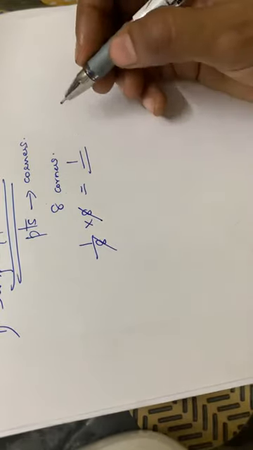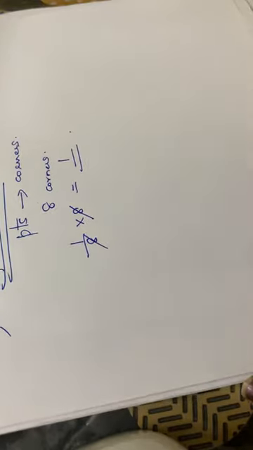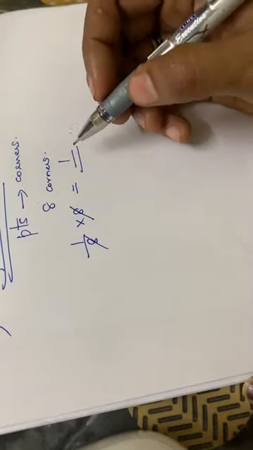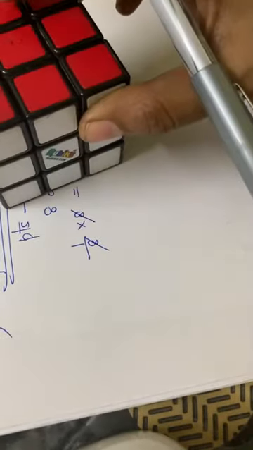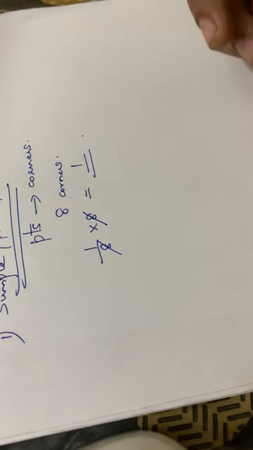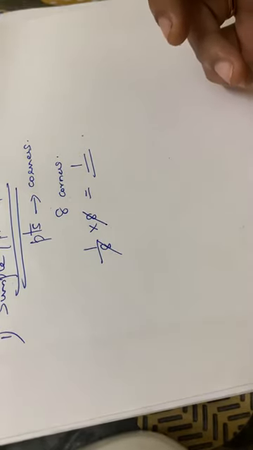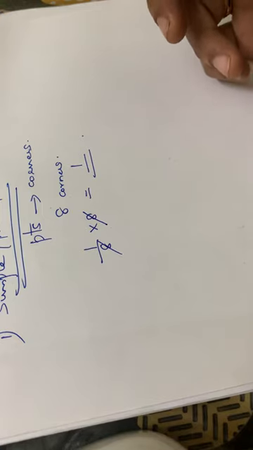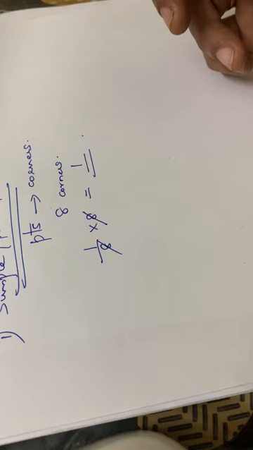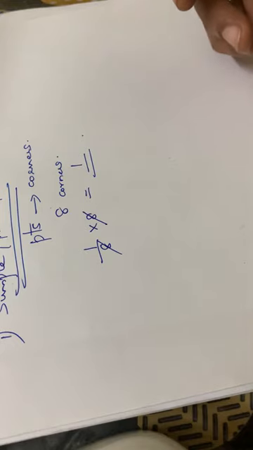One atom or one point. So if there are points only at the corners, we can say that it is a simple or primitive lattice. And the number of atoms in effect will be equal to 1 in the case of a simple or primitive lattice. Then the next one is the body-centered cubic lattice.